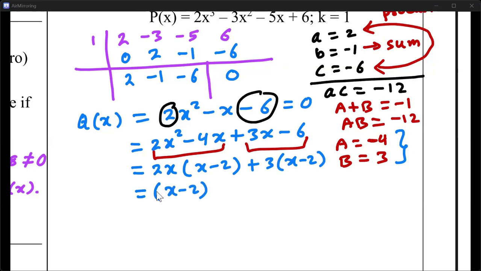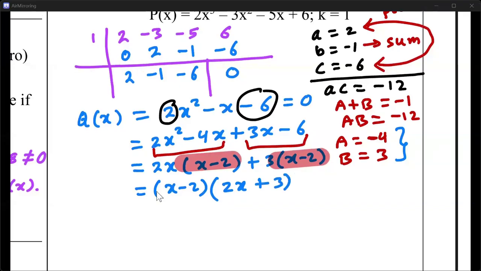You can observe that this x minus 2, x minus 2, that is your common factor, right? Then what remains? 2x from the first term and 3 from the second term.